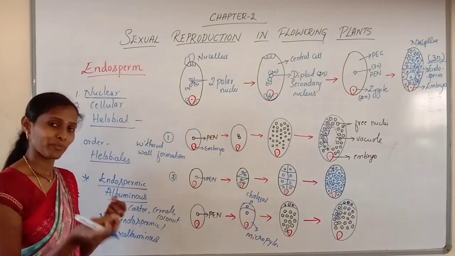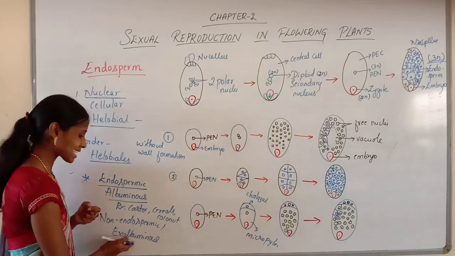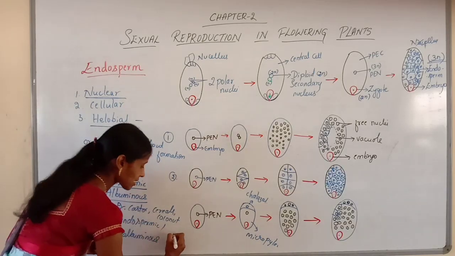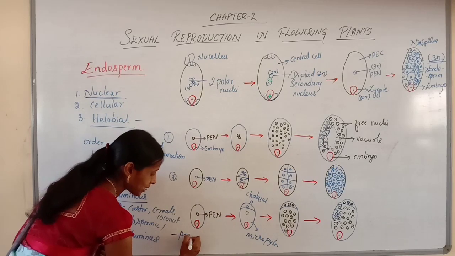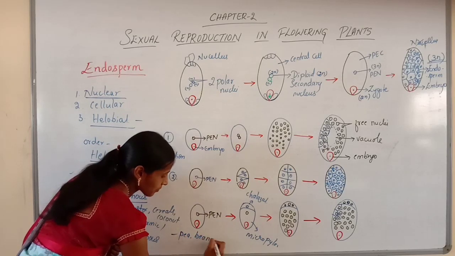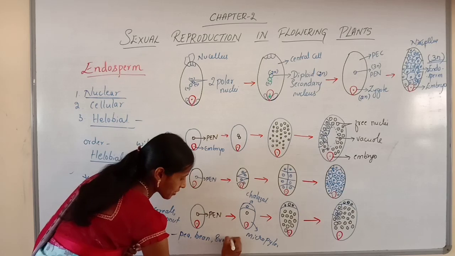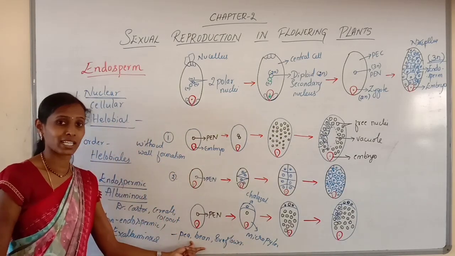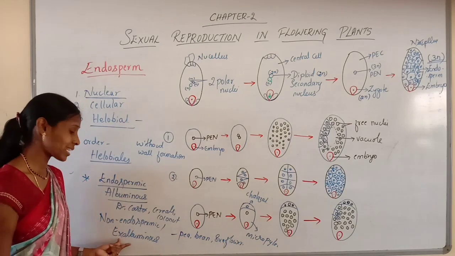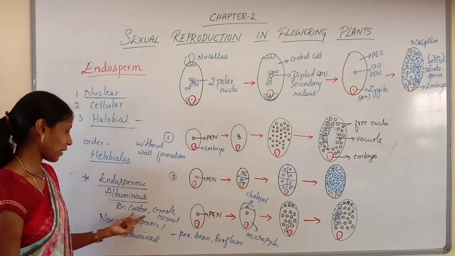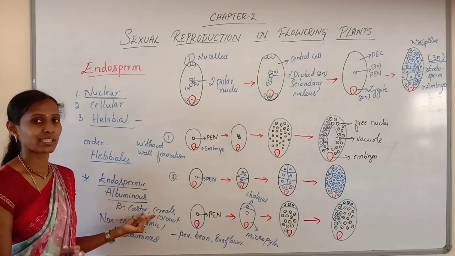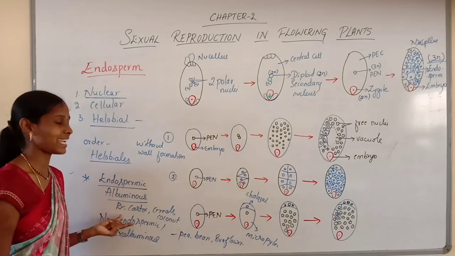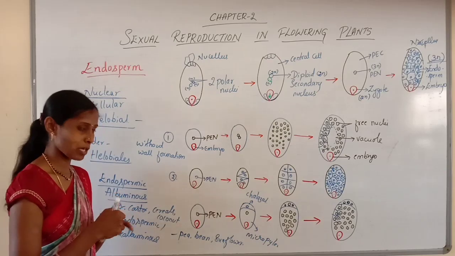Albuminous is nothing but containing endosperm, and ex-albuminous means not containing endosperm. For this, I can give you examples: pea, beans, sunflower, etc. So these are the plants in which the seeds do not contain endosperm, and the others are plants in which the seeds contain endosperm. We will study these types of seeds later in this chapter.